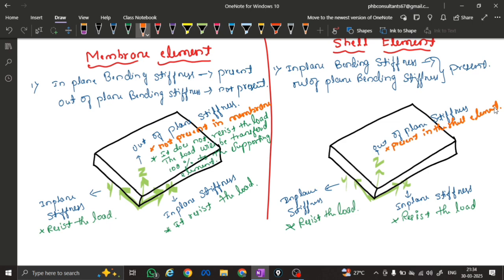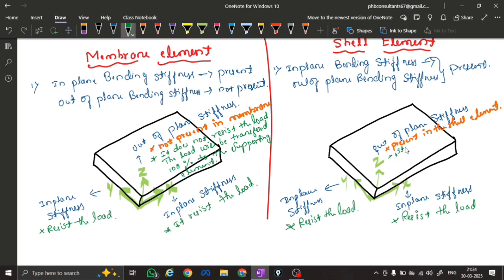We can say like this. Okay. Now these in plane stiffness, these two x and y directions resist the loads, and due to presence of this out of plane stiffness in shell element also, it resists the load.